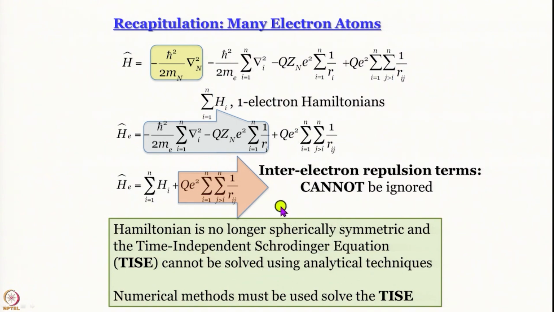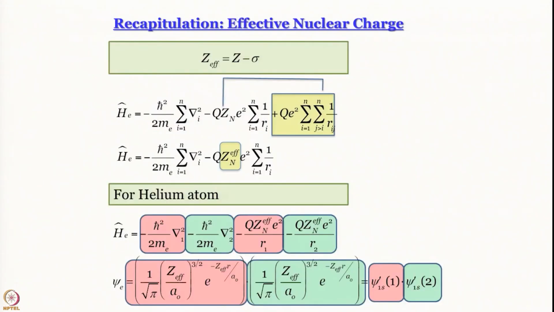And what we have learned, well, 2 weeks ago, is that this electron repulsion cannot be ignored. Remember, to start with, we had tried to wish it away and learned very soon that you cannot do that. So, then what we said was, let us build this electron repulsion term into the nuclear charge itself. Let us talk about something called effective nuclear charge, which is the actual, well, theoretical nuclear charge minus a shielding constant, because the effect of electrons repelling each other, you can think, is like one electron shielding the other one from the attractive potential of the nucleus.